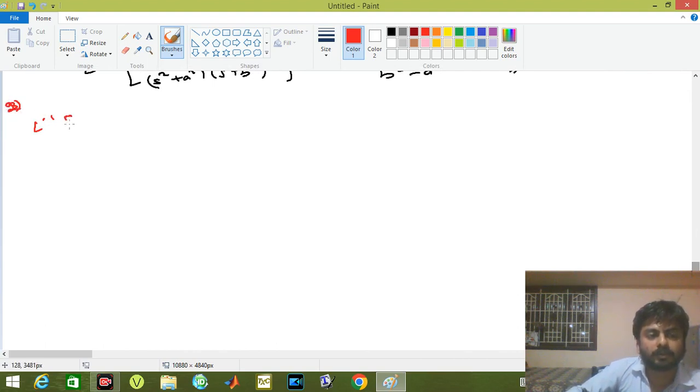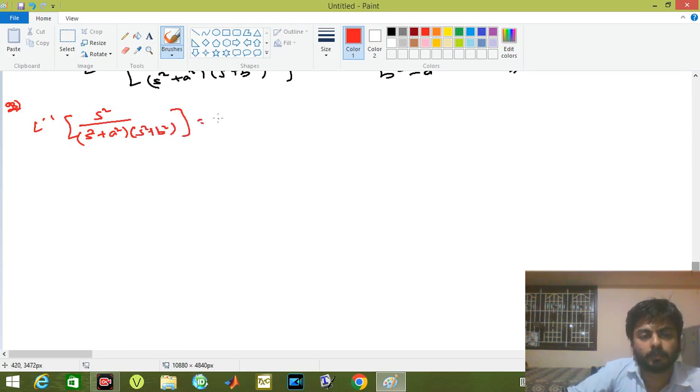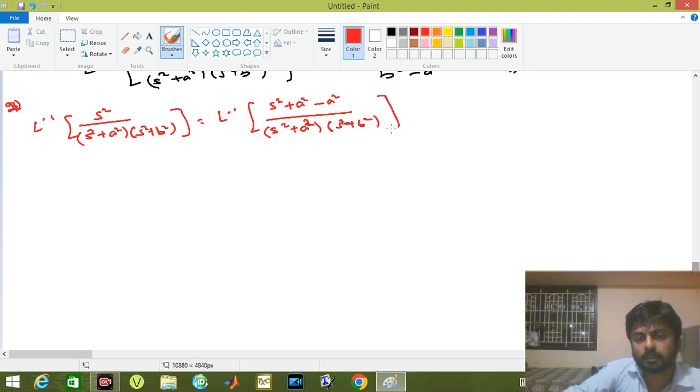L inverse of a square divided by a square plus a square into a square plus b square equal to L inverse of a square plus a square minus a square, I am adding and subtracting a square, divided by a square plus a square into a square plus b square.